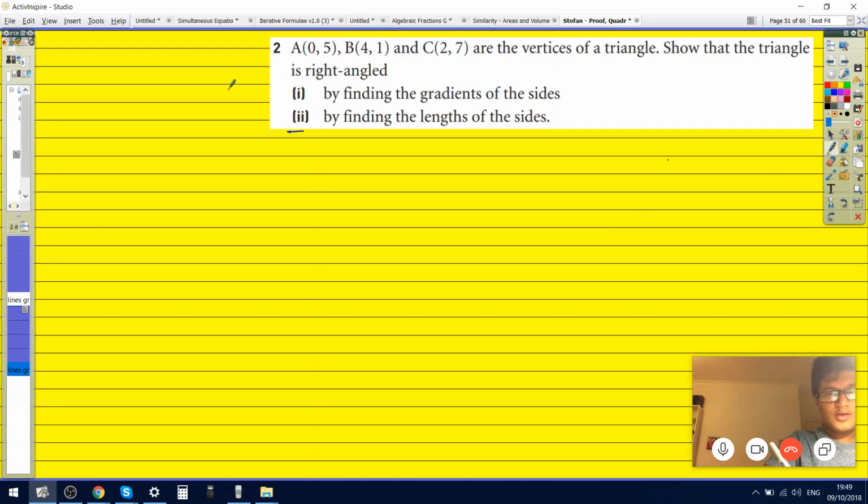Okay, so A is 0, 5, B is 1, and C. So the gradient of AB is change in y over change in x, which is minus 4 over minus 1, which is minus 4.